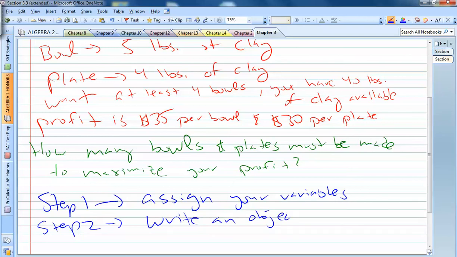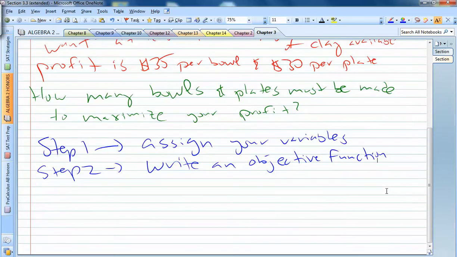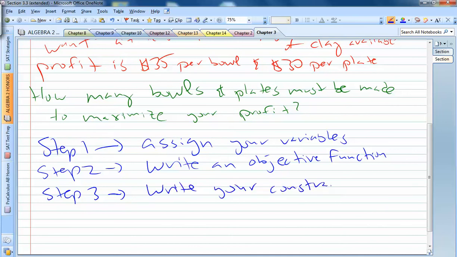I'll talk about what that means in a little bit. Step 3: you're going to write your constraints. That also seems a bit complicated, but I'll explain what that means in a short while.